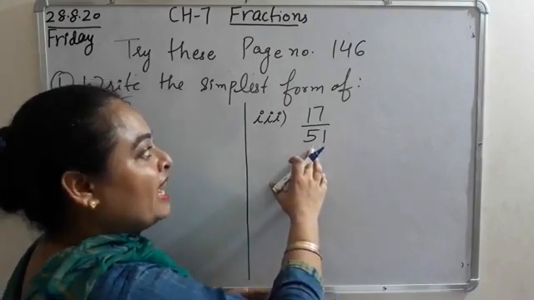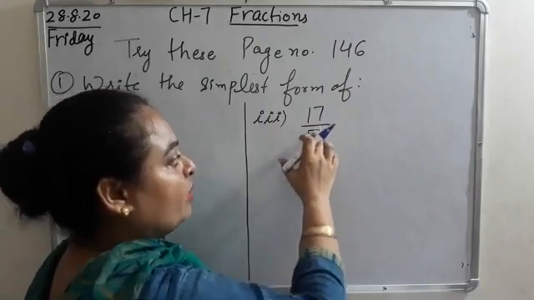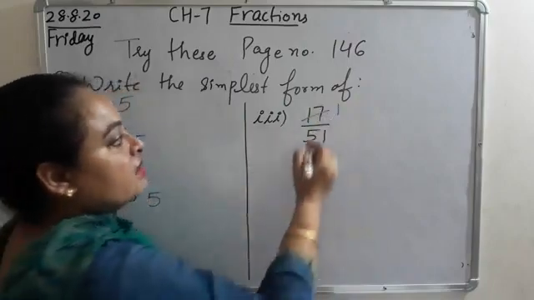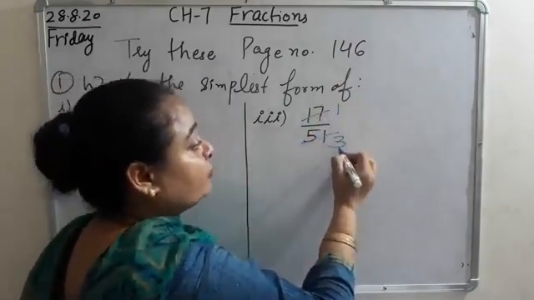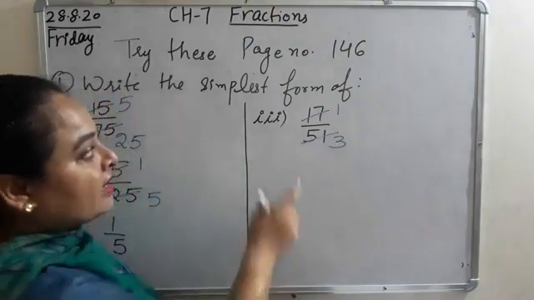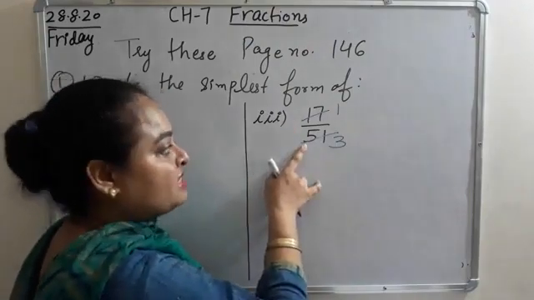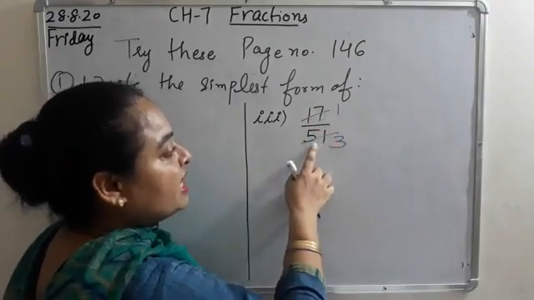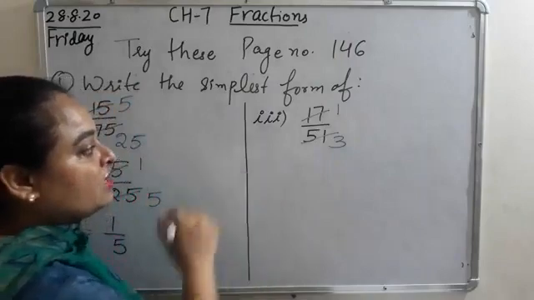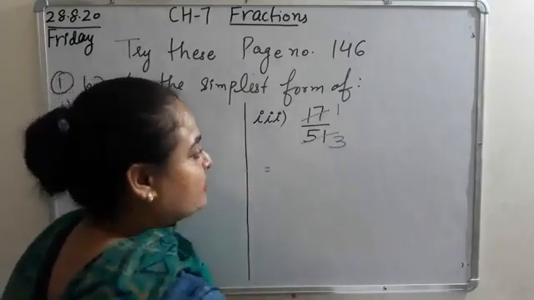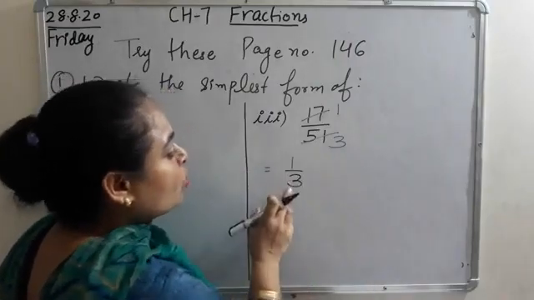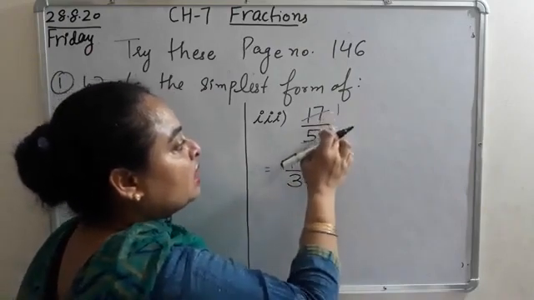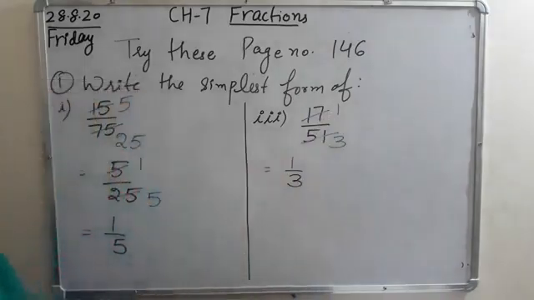So we are going to make cancellation in the table of 17. 17 1s are 17, 17 3s are 51. After cancellation we will get 1 by 3. So 1 by 3 is the simplest form of 17 upon 51.